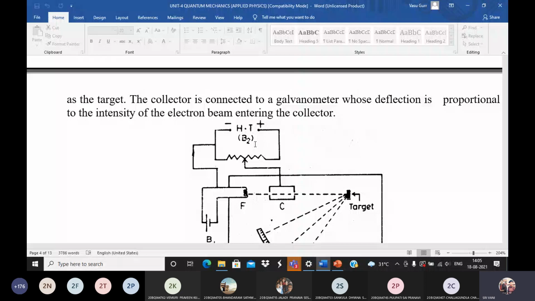In the Davisson-Germer experiment, the accelerating potential used is 54 volts. Previously I said that for the potential model, only potential will be applied. That electron beam is accelerated with 54 volts potential when it strikes the nickel target.